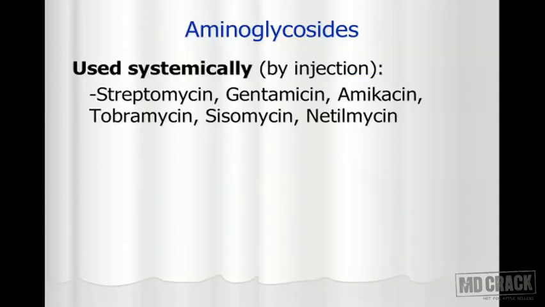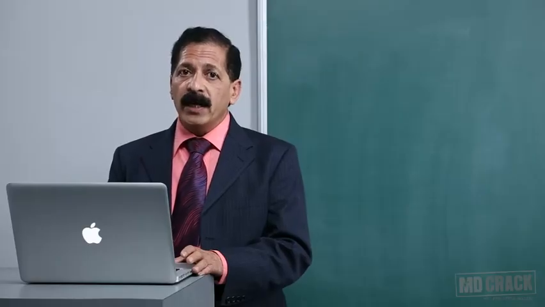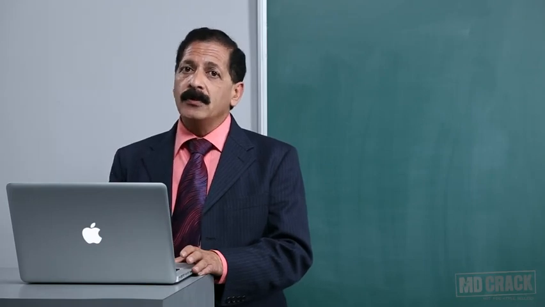Aminoglycosides classification. First, aminoglycosides which are used systemically by injection. Look at the examples on the slide: streptomycin, gentamicin, amikacin, tobramycin, sisomycin, and netilmycin. Most of the names end with mycin, but the vice versa is not true.